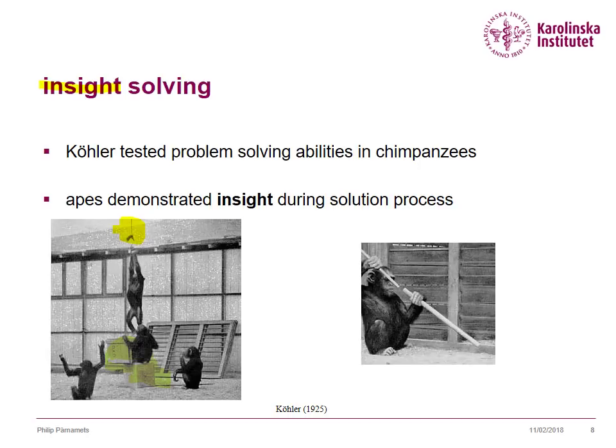The other very famous demonstration involves the monkey Sultan, which is depicted here in the right image. Sultan had a problem where he was also to reach a piece of food which was placed slightly out of his reach, outside of his cage.